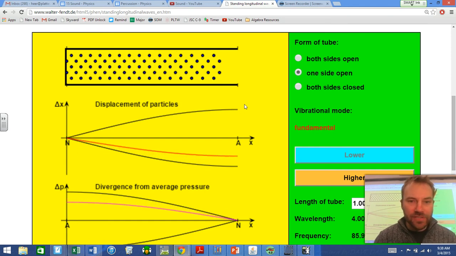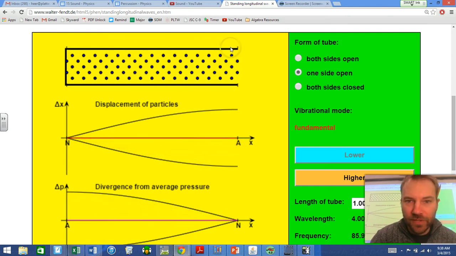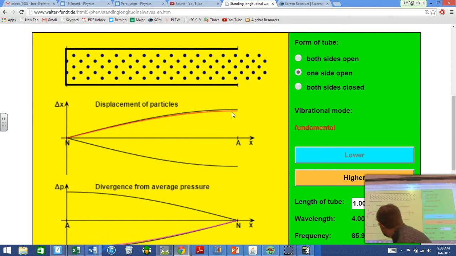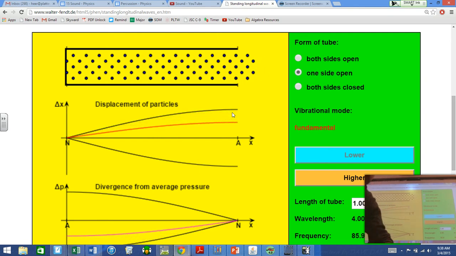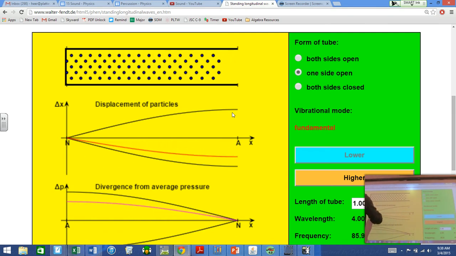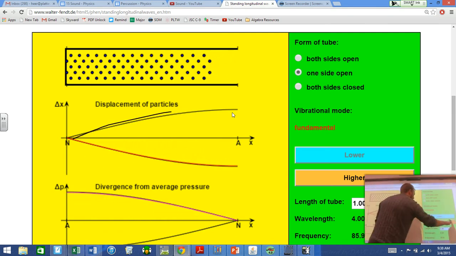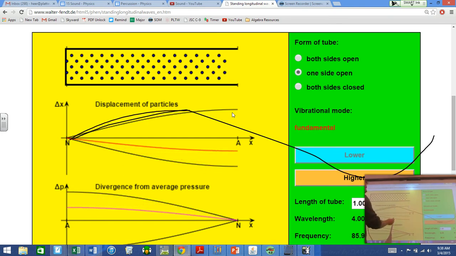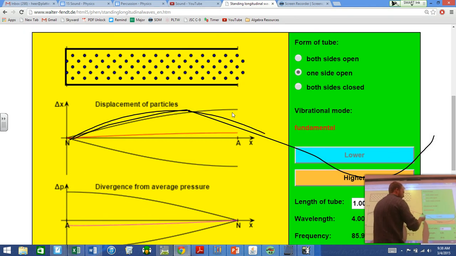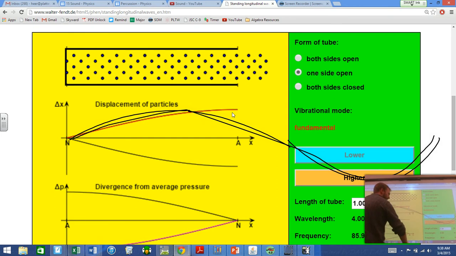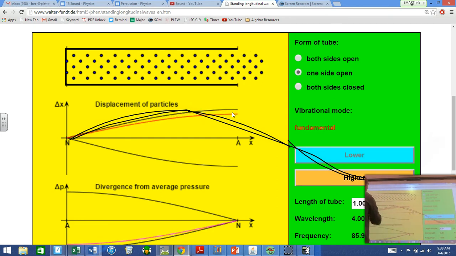That's important to understand: this distance from here to here is 1/4 of a wavelength, so 1/4, 2/4, 3/4, 4/4.